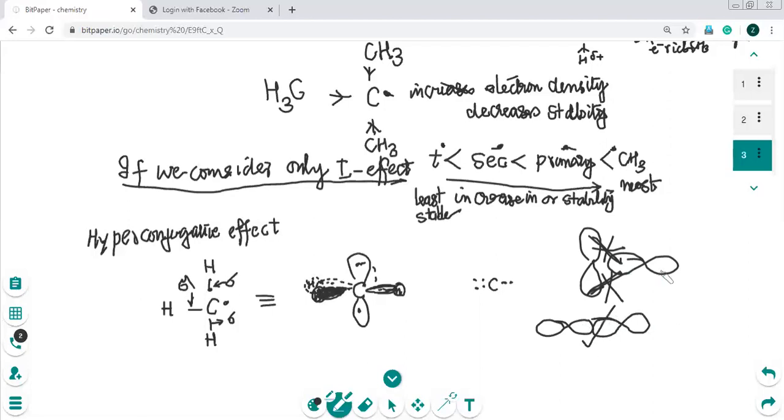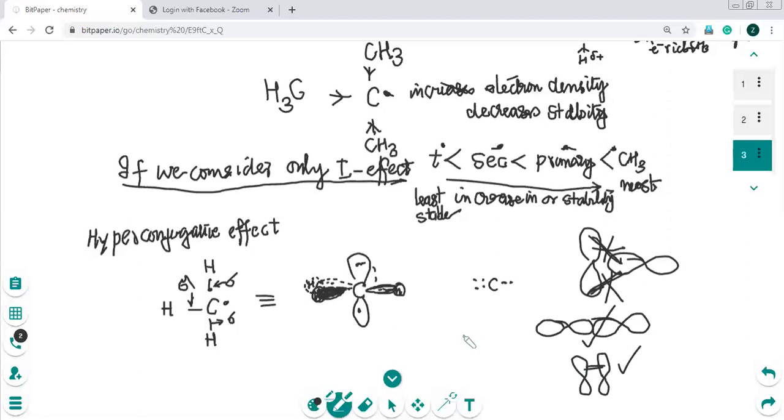You can draw these pictures in your paper, in your book. This can interact. Similarly, this interaction is also possible. But this is wrong. Similarly, this also is wrong.